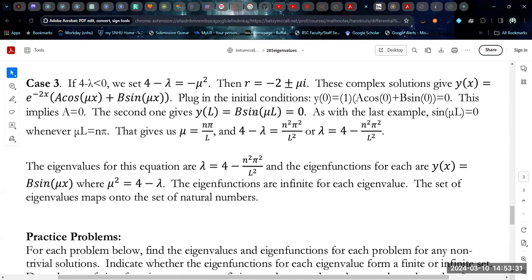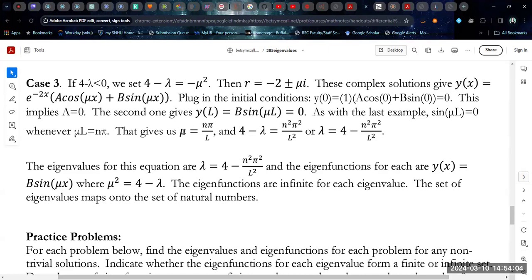And then we again are left with this position where we're trying to force sine mu L to be 0, and our choices are to let B equal 0 and get the trivial solution, or to find a condition on mu that will force sine mu L to be 0. And so similarly to the last example, this expression will be 0 when mu L is equal to integer multiples of pi.